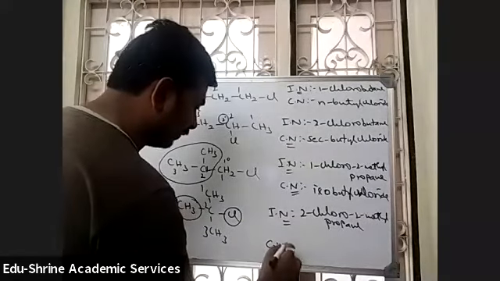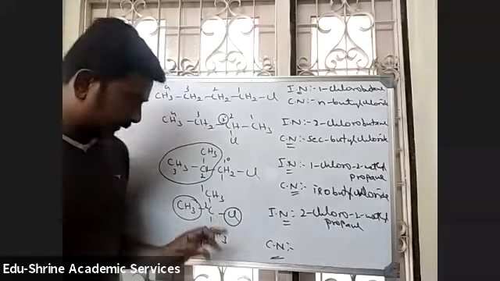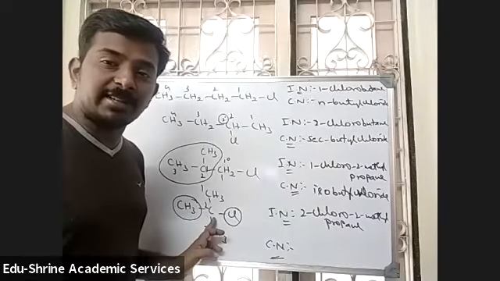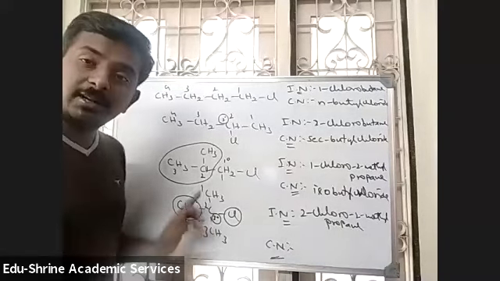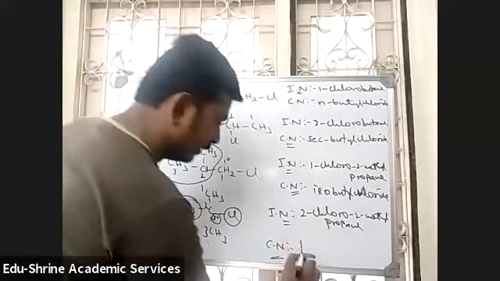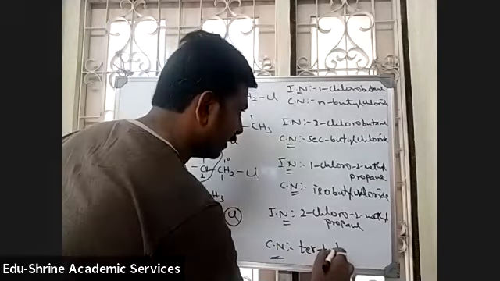What will be the common name of this, students? What is the degree of this carbon atom? Primary, secondary, or tertiary? Tertiary. So it is tertiary butyl chloride. Very good.